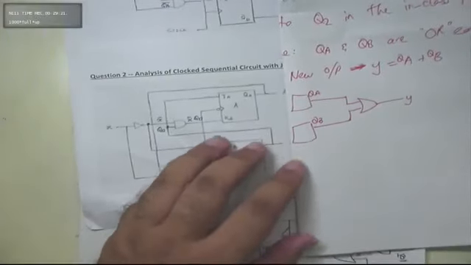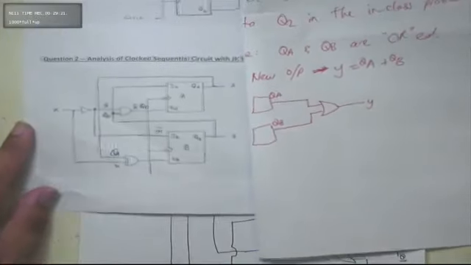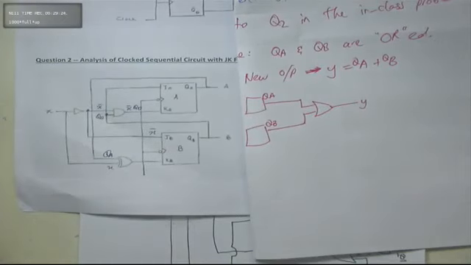So if we did that, all right, now you guys get the picture. If you look at our circuit now, there's a new output called Y, and Y is equal to QA or QB.